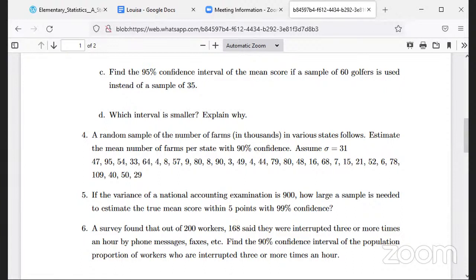Okay, how do we solve this problem? Let's begin by having our data first.